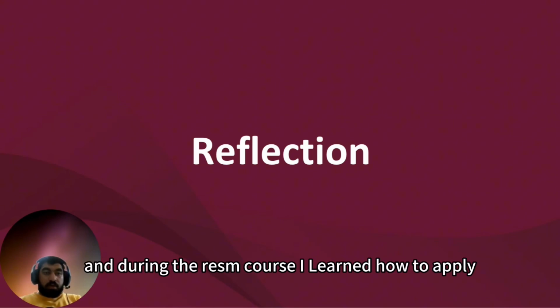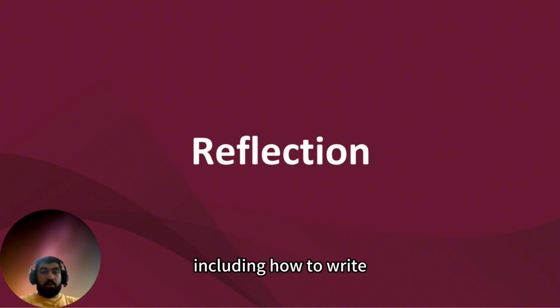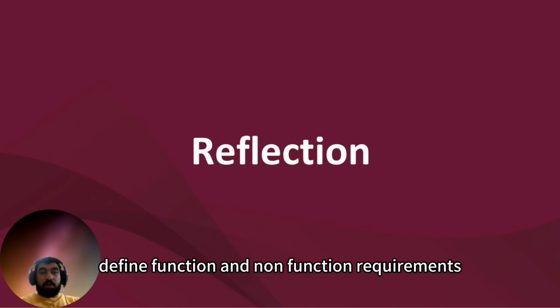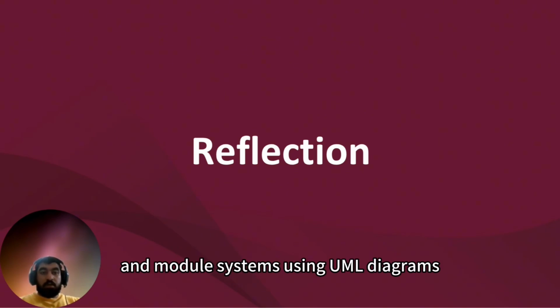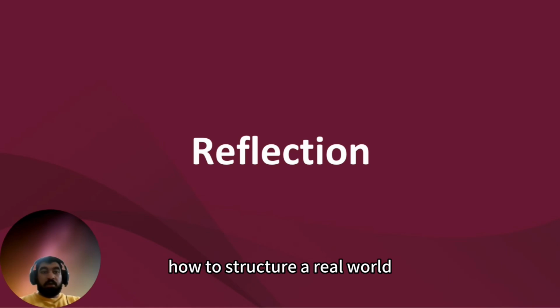Thank you. This is my self-reflection on the development of the Digital Mental Health Literacy Hub. During the RESM course, I learned how to apply core requirements engineering principles, including how to write clear and complete use case specifications, define functional and non-functional requirements, and model systems using UML diagrams. This helped me understand how to structure a real world system from scratch.